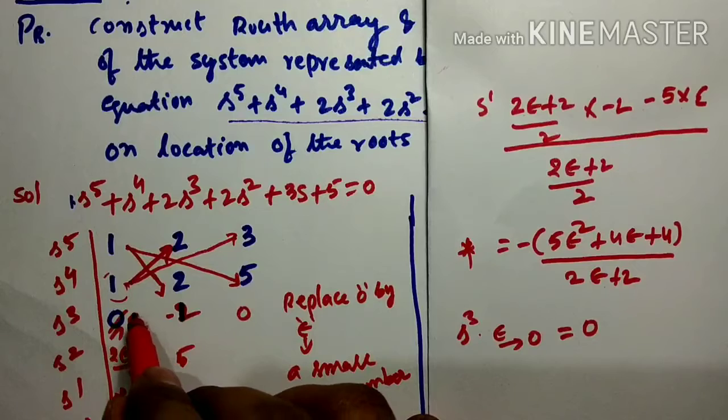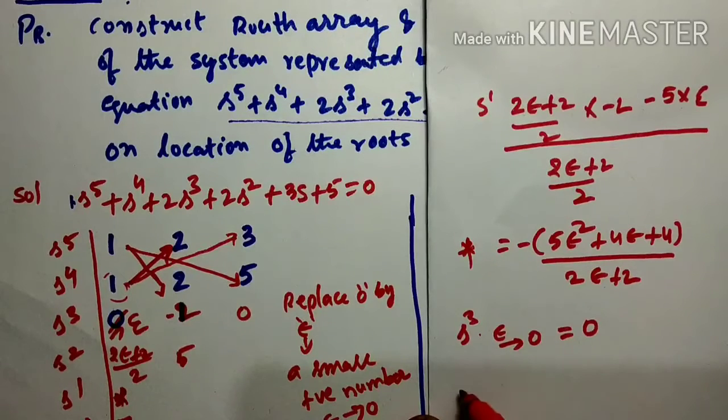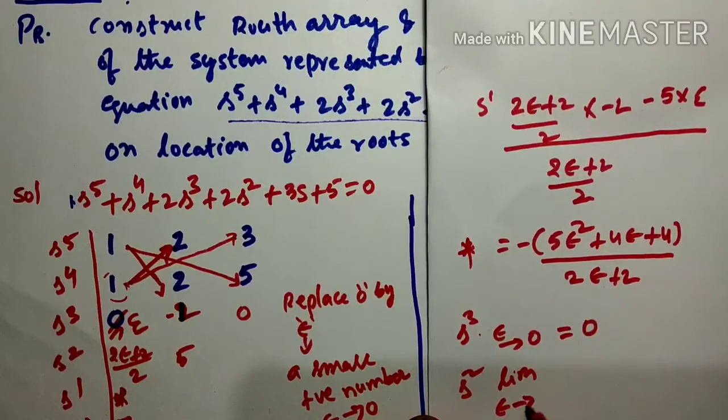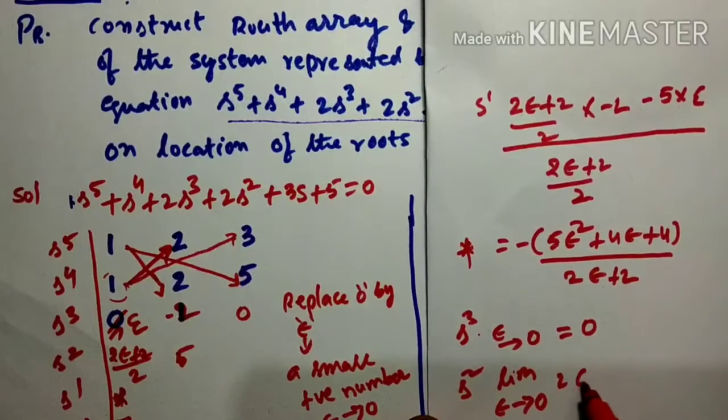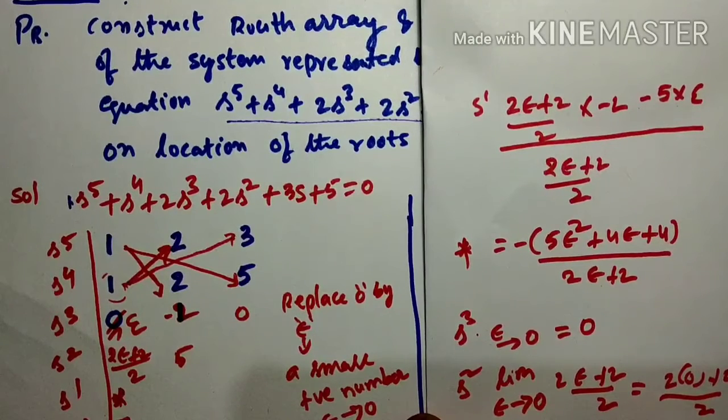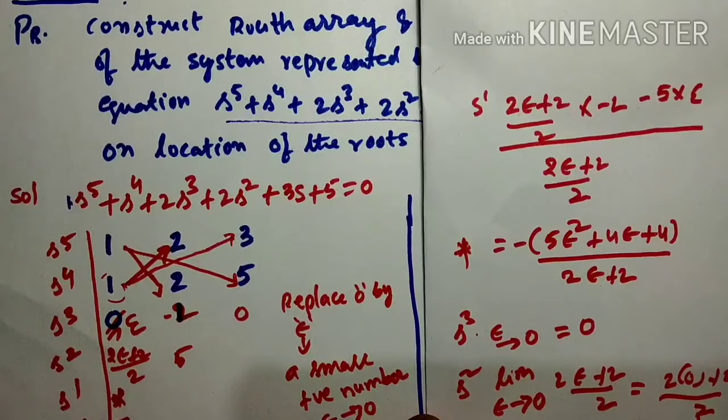Now S square: limit epsilon tends to 0 of 2 epsilon plus 2 by 2. When you substitute, 2 by 2 into 0 plus 2 by 2, you will get 2 by 2, so you will get 1. So this value becomes 1.